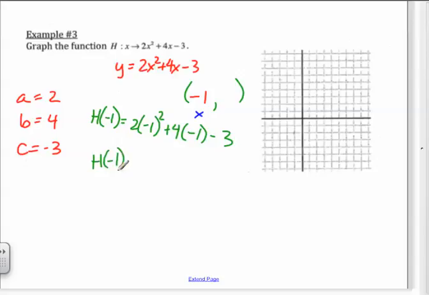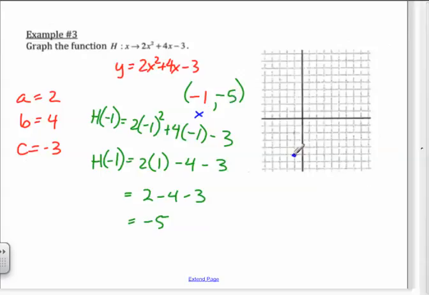That's 2 times 1 minus 4 minus 3. I just squared the 1. So h of negative 1 is 2 minus 4 minus 3, which is negative 2 minus 3, or negative 5. So the vertex is negative 1, negative 5.